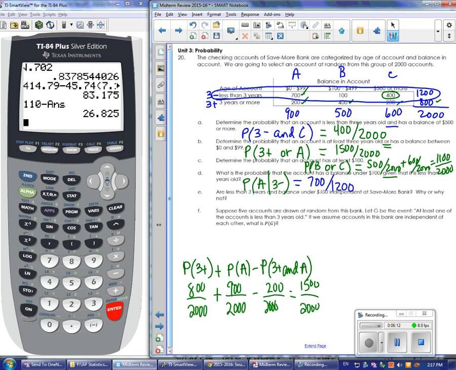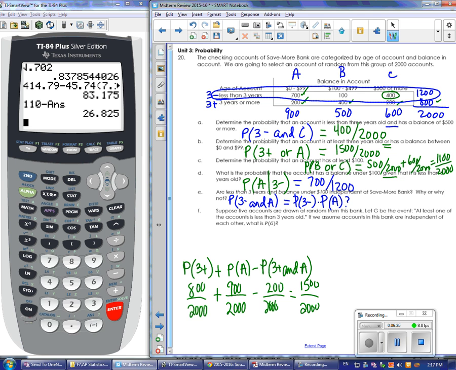In letter E, it says, are less than 3 years old and balance under 100 independent? Why or why not? Well, if they're going to be independent, then I know that the probability of less than 3 and under $100, event A, would have to equal the probability of less than 3 times the probability of A. And I'm wondering, is that true?